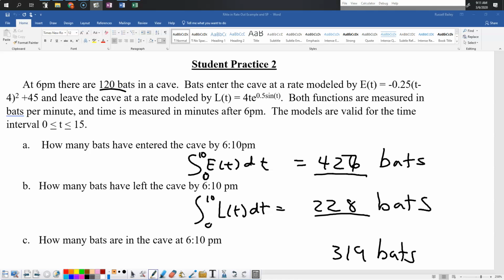If you wanted to actually set it up, though, it would look like this: 120 plus the integral from 0 to 10 of E minus L dt. Okay? So there's our answer for C. And that kind of gives away our answer to the last one anyway, but we'll go ahead and do it anyway.